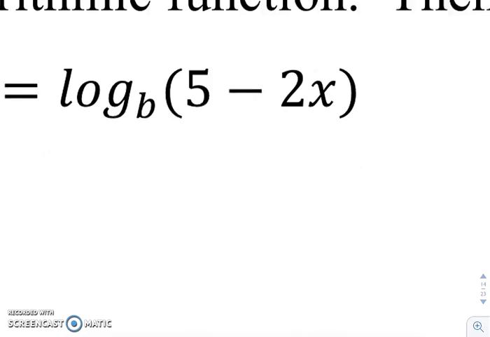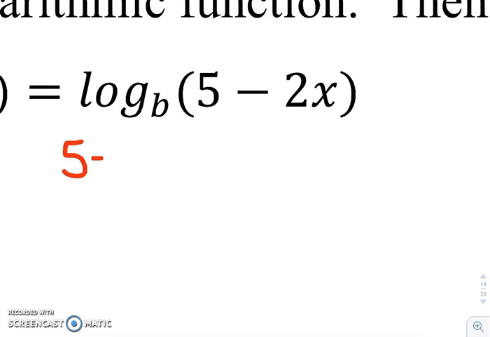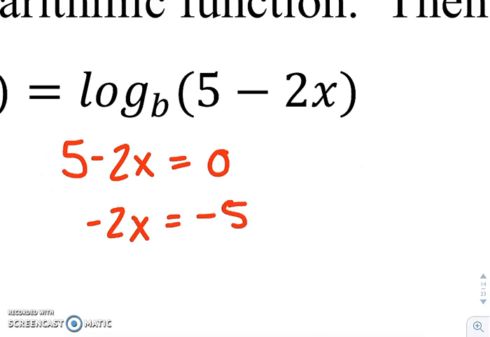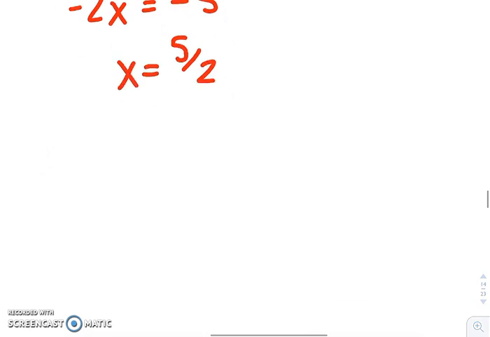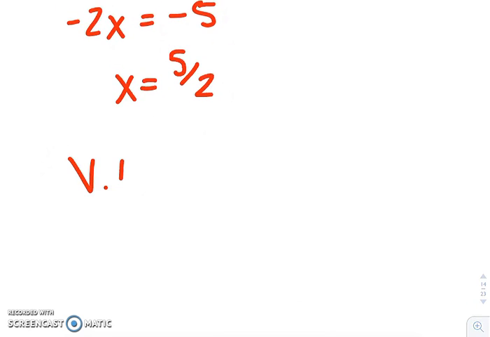Here, 5 minus 2x, if we solve for that, we subtract the 5 over and divide by negative 2, and get x equals 5 halves. So the vertical asymptote is at 5 halves, or 2.5.